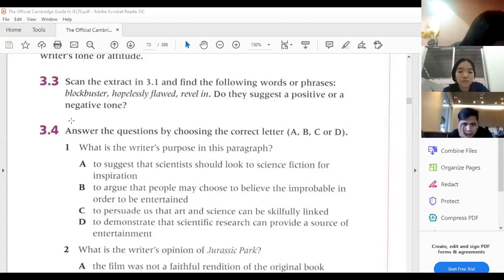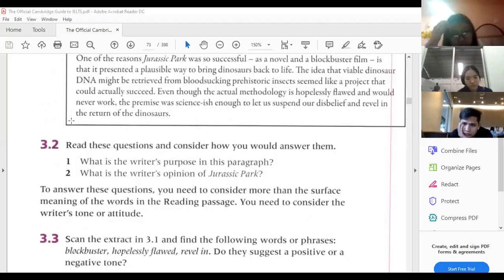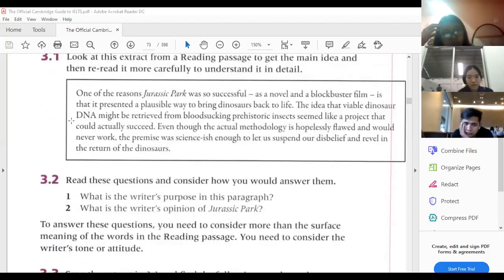C, to persuade us that art and science can be skillfully linked. And last one, D, to demonstrate that scientific research can provide a source of entertainment. So here's the excerpt, the paragraph. So what is the answer? What is the purpose of this paragraph? A, B, C, D.